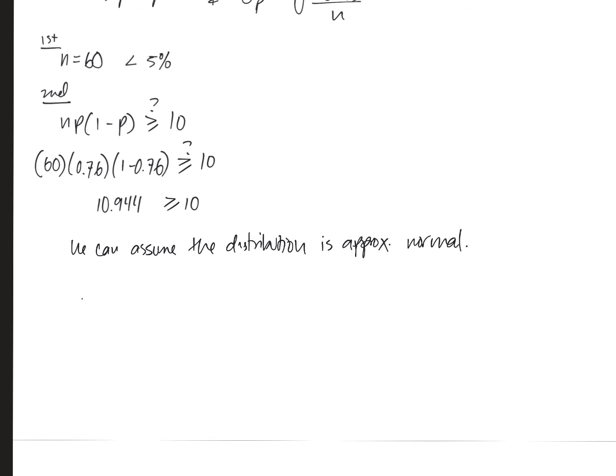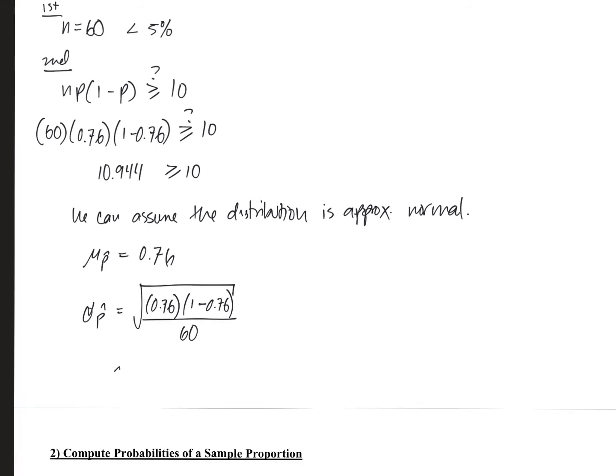So then we have the mean of p hat is just going to equal the probability, which is going to be 0.76, and our standard deviation of p hat is going to equal the square root of p, which is 0.76, times 1 minus p, which is 0.76, divided by our sample size, which is 60. Plugging that into our calculator, we come out with approximately 0.06.